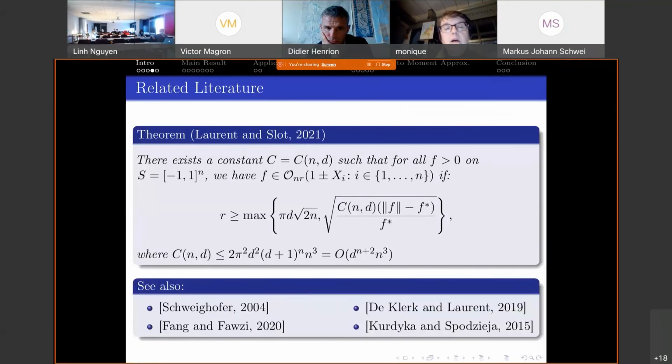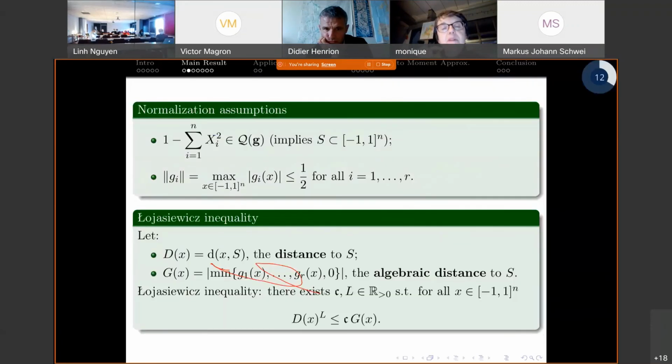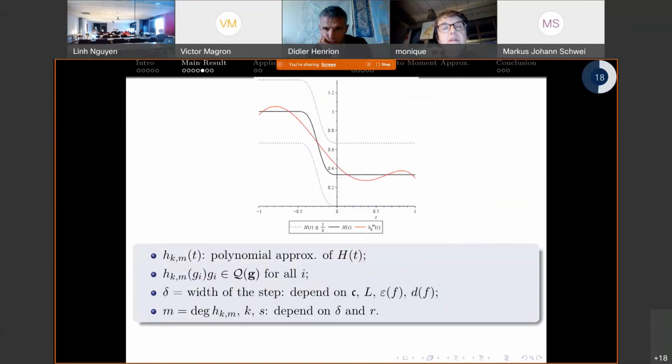Okay. But then this would not be good for us because for fixed N, if you put D in the exponent, essentially, you can do it. But the D here is this M, the degree of this function.